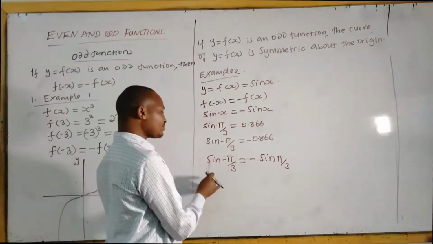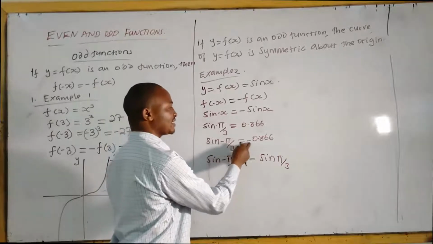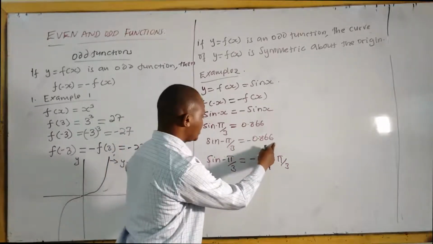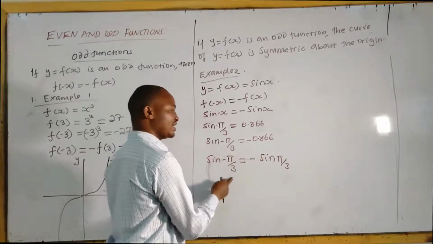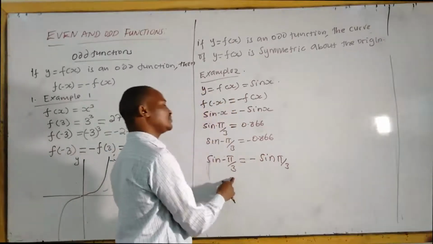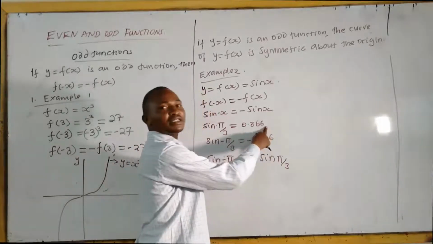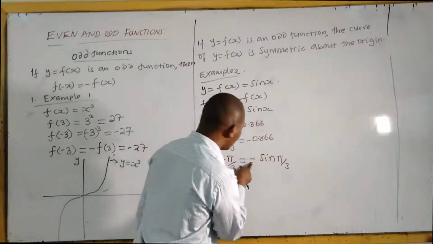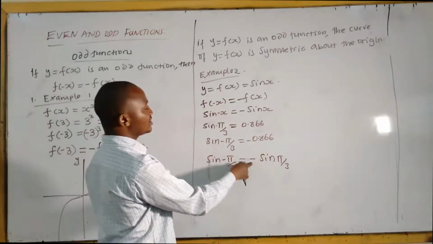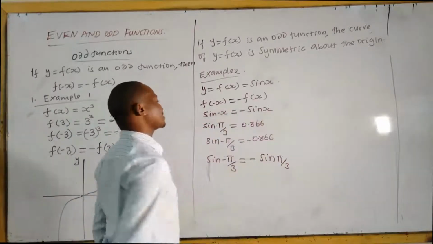Why? We have seen sine negative pi over 3 is negative 0.866. Sine negative pi over 3 can also be said to be sine pi over 3, which is positive 0.866 times a negative, which proves to us sine negative x is equal to negative sine x.